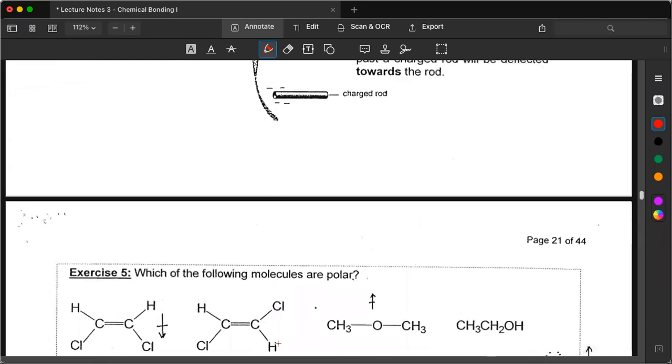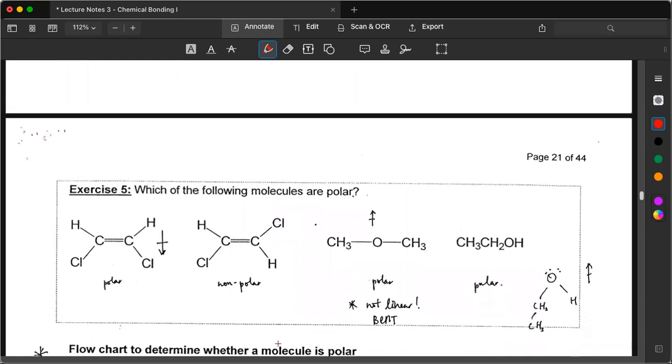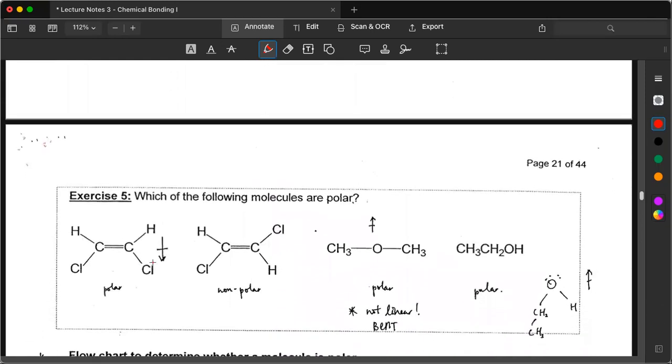You can pause the video. Okay, let's go through the exercise. For this, we expect an overall dipole moment because Cl and H are different atoms. This one, they cancel each other, correct? This one is polar, because it is not linear, because you have two lone pairs here.